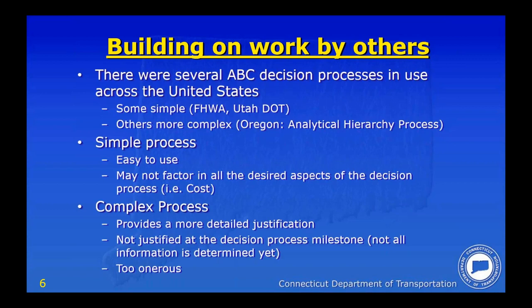During the development of the matrix, we looked at examples of work that was done elsewhere. Two prime examples were the Utah DOT matrix and the Oregon decision matrix, the Oregon one being very complex, the Utah one more straightforward and easier to manage, a model that we decided to use and tailor to Connecticut ABC priorities.